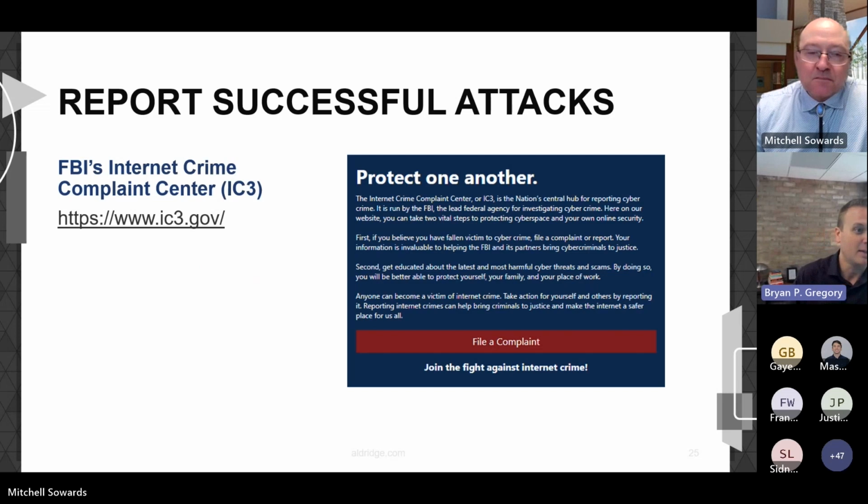You're protected. And then just to take it one step further, using unique passwords, so that if you accidentally gave away, use me as an example, I gave away bgregory@aldridge.com. That's my email, and I use the same password at work that I use everywhere else on the internet. Now, not only have I given them access to the network, I've given them access to everything else out there that they could go try on.